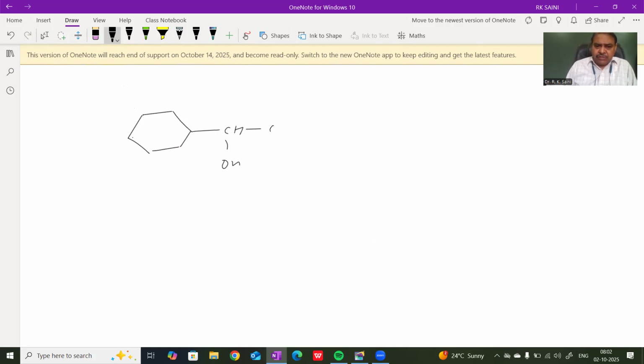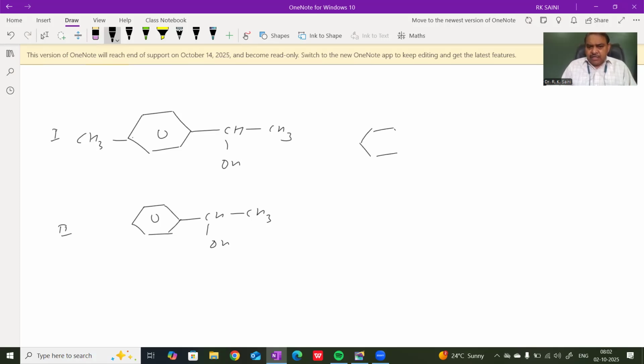Consider the following alcohols: first, second, third, and fourth. These are substituted benzyl alcohols.